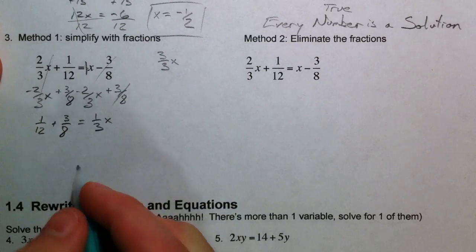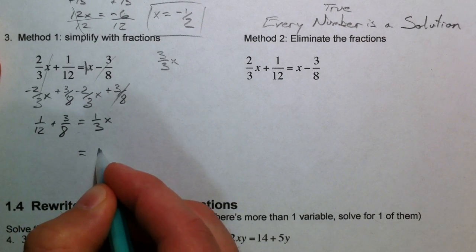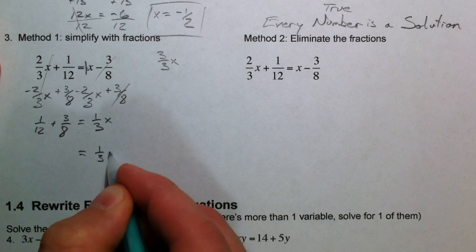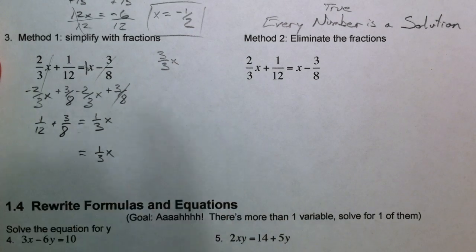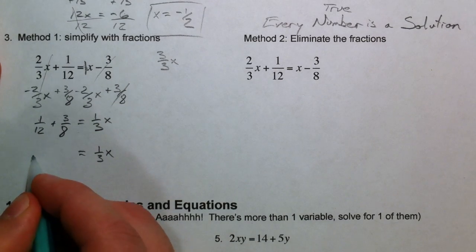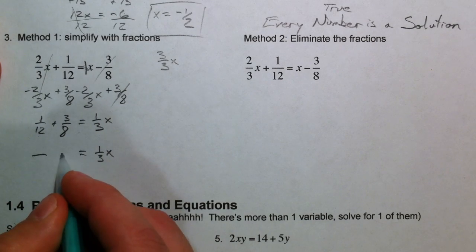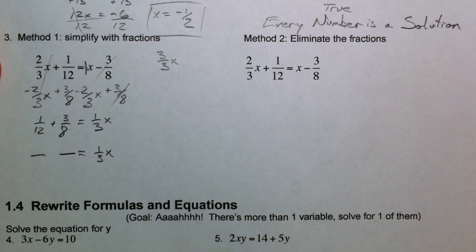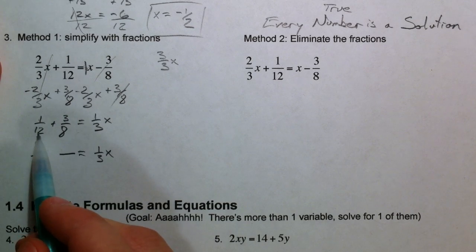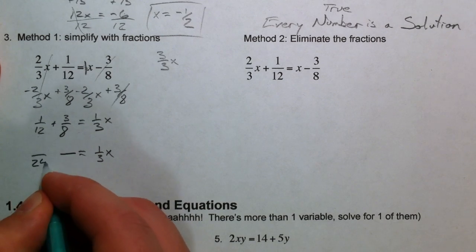So the deal with this, anytime you have fractions and you're adding them, you need common denominators. Most of you guys remember this. So 12 and 8. 8 doesn't go into 12, but it does go into 24.